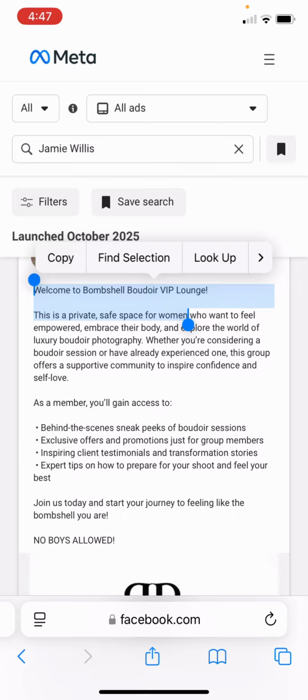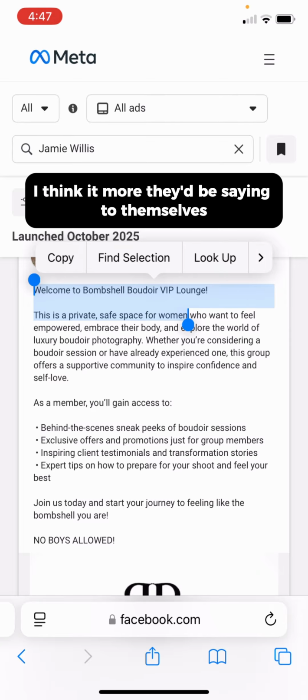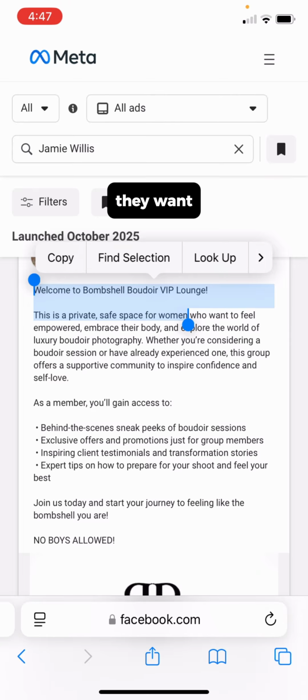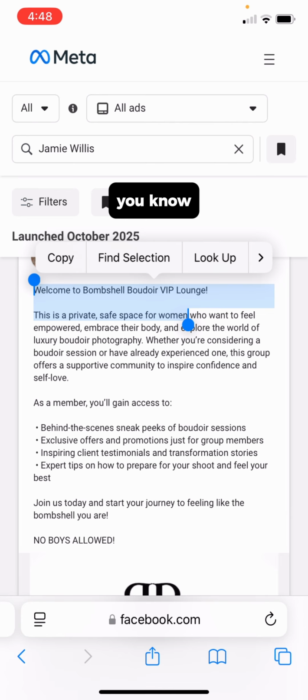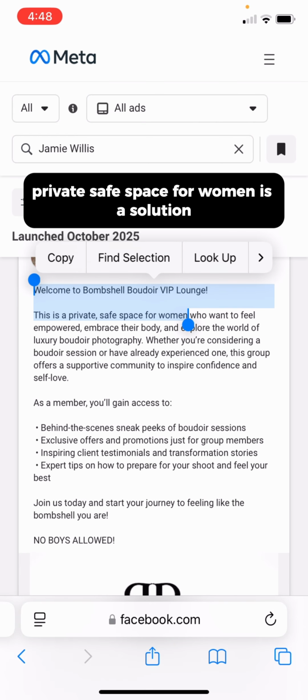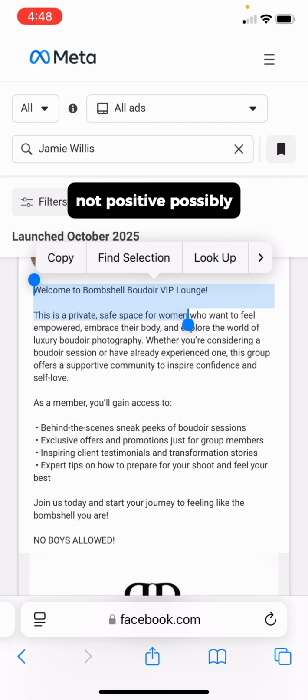Hmm. I think more they'd be saying to themselves they want, you know, whatever, more energy, more feminine energy. You know, yeah, I would still say private safe space for women is a solution, not positive.